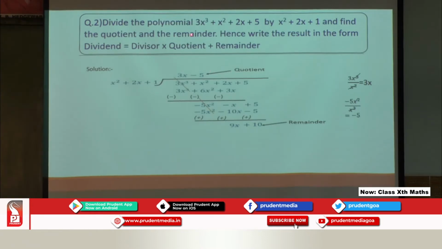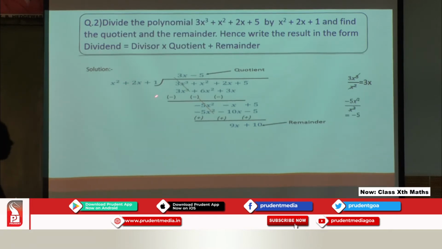Now again here p of x is 3x cube plus x square plus 2x plus 5 and g of x is x square plus 2x plus 1. Here first we should divide the dividend 3x cube plus x square plus 2x plus 5 by the divisor x square plus 2x plus 1.